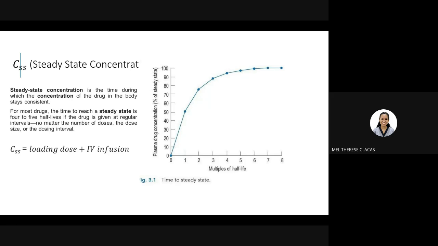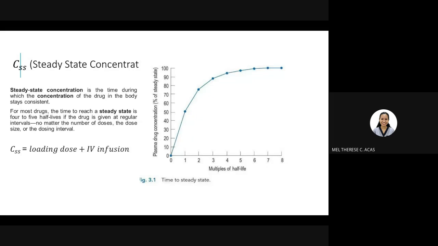In this graph, we can see that when the person takes the drug consistently, with the right dose at the right time interval, the drug reaches its steady state concentration. And in the pharmacological aspect, this is what physicians or healthcare providers want to reach so that the patient can be treated well.